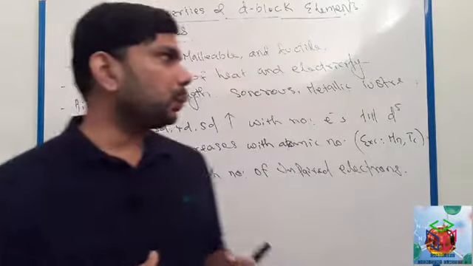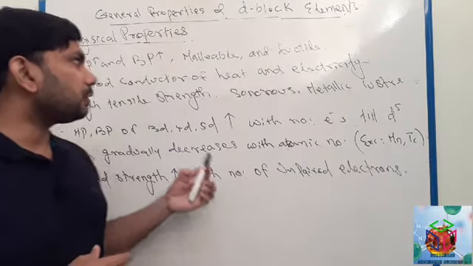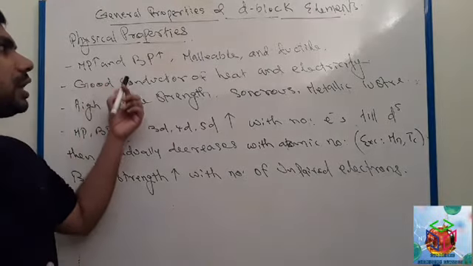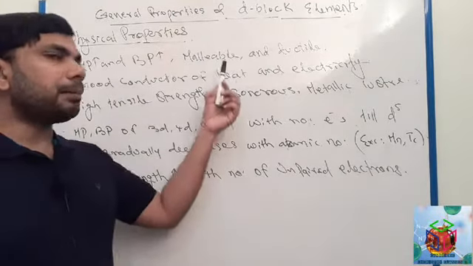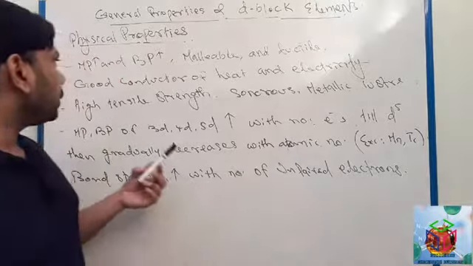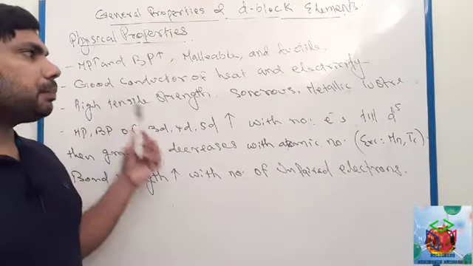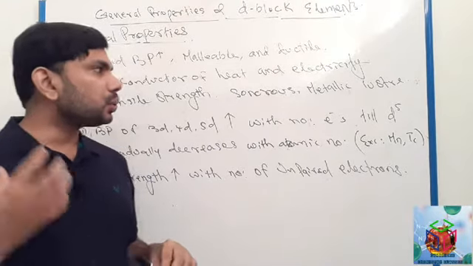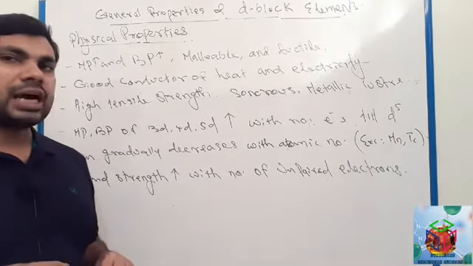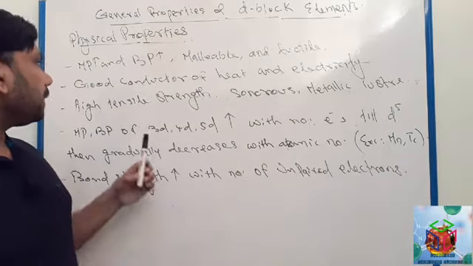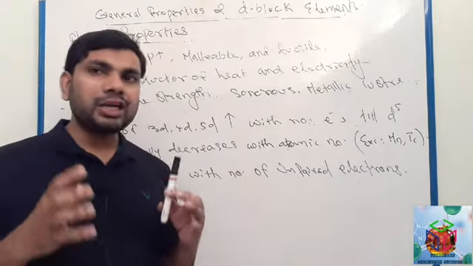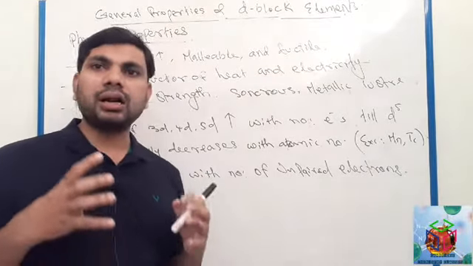So here we discussed the general properties of d block elements. They have high melting and boiling points, they are malleable and ductile, and most of them are metals and good conductors of electricity and heat. They have high tensile strength, and they are hard.